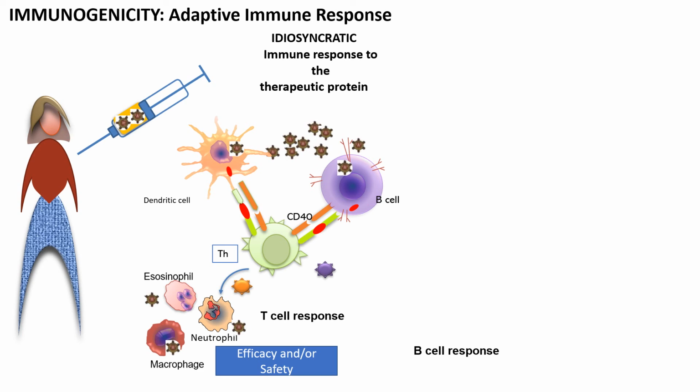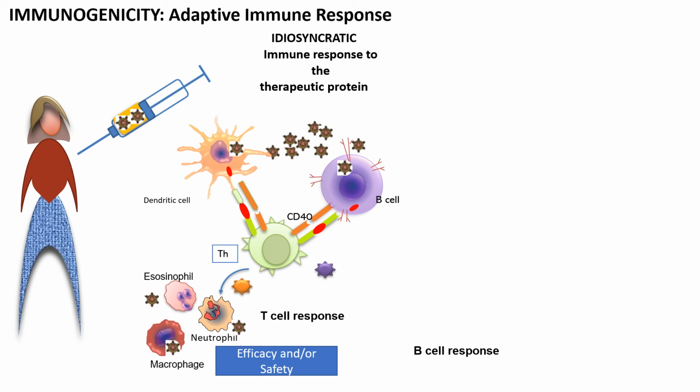So if these cells are trying to get rid of the drug, you may have less efficacy than if you don't have an immunogenic response. On the other hand, this immunogenic response may not be very good at getting rid of the drug, so it could still be efficacious, but it may not be safe because you may be having inflammatory reactions.